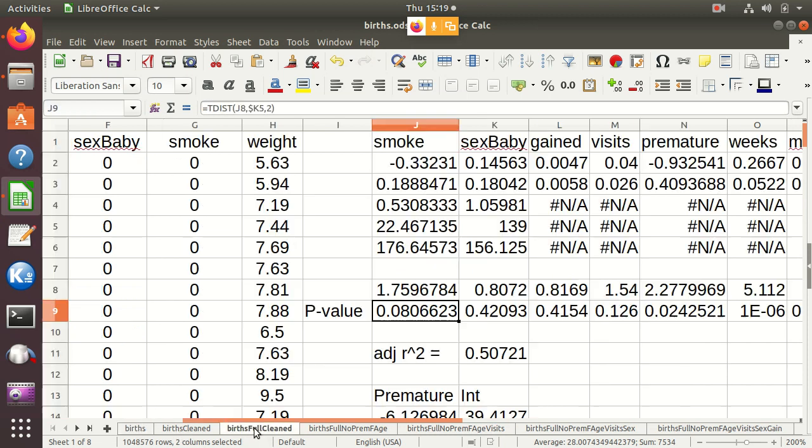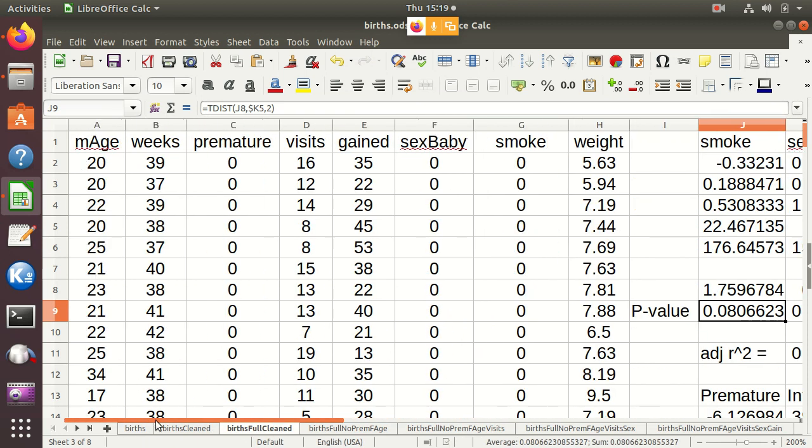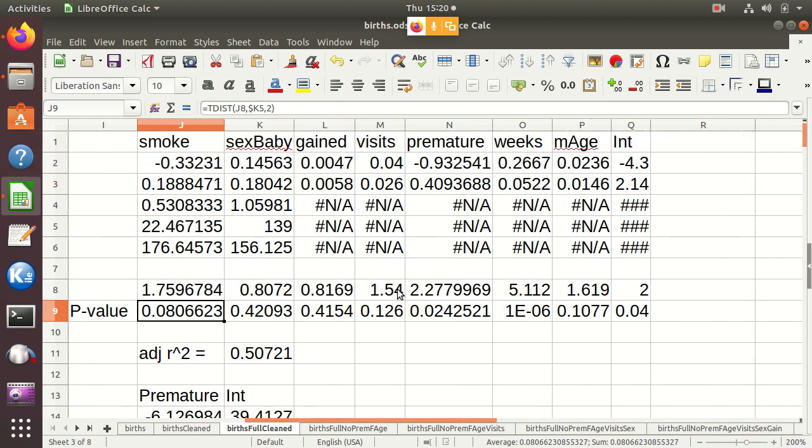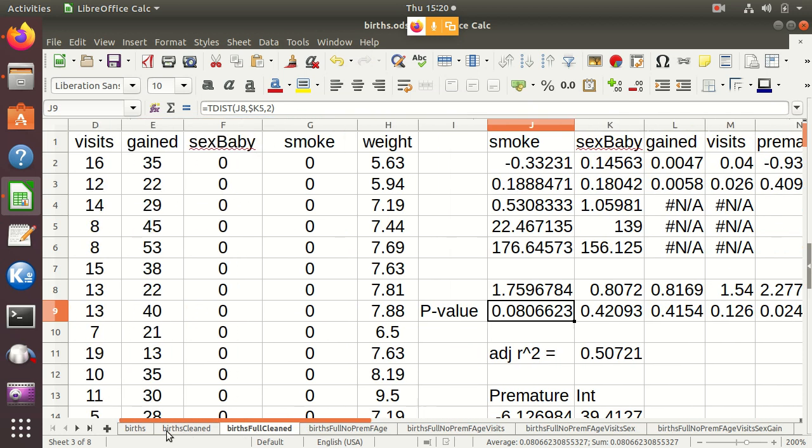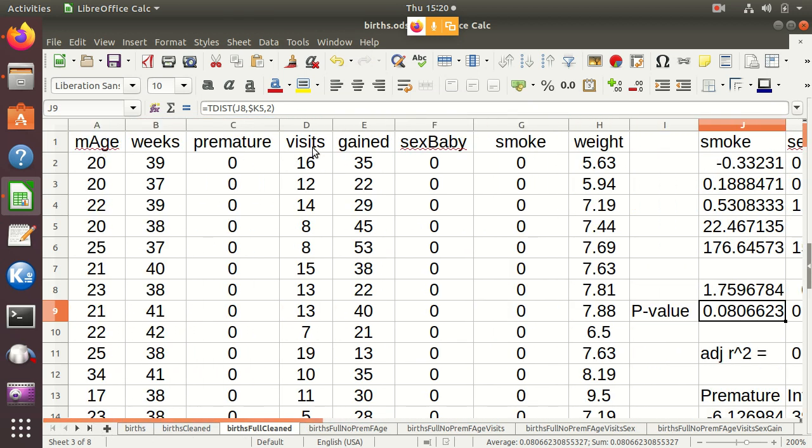And then I also had to do a little bit of other cleaning. There were a couple of other rows that had some missing data in them, so I had to get rid of those rows, but not too many. So this is 147 observations, and when I run it this way, I go ahead and do that linear estimation. Now, the big thing you have to remember is notice the order of the columns here. Every time I put something like this up there, I try to remind you all and myself.